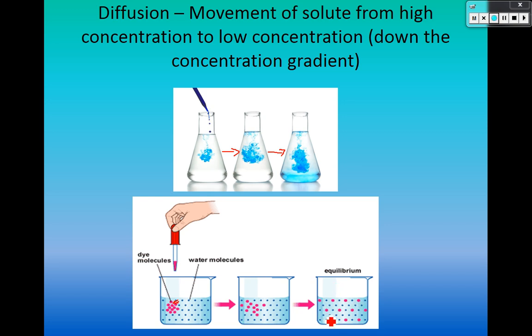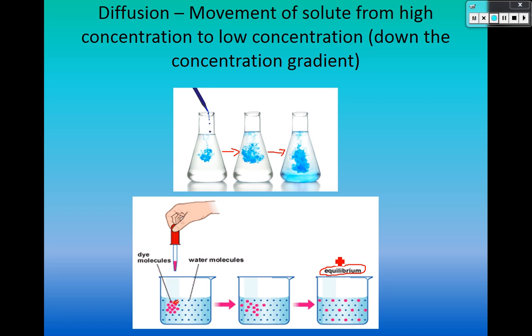And once they are perfectly mixed throughout the solution, we call that being in equilibrium. And we find that whatever kind of equilibrium we're talking about, whether it's forces, whether it's temperature, things tend towards equilibrium. Nature kind of wants everything to be nice and equal.